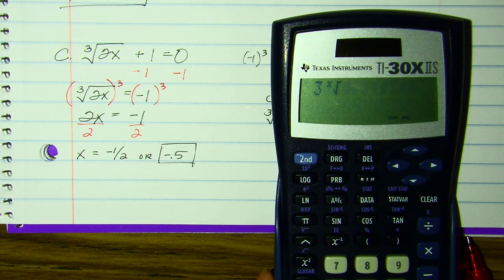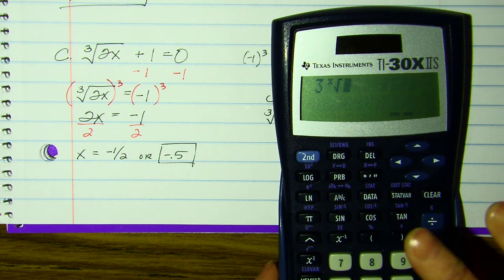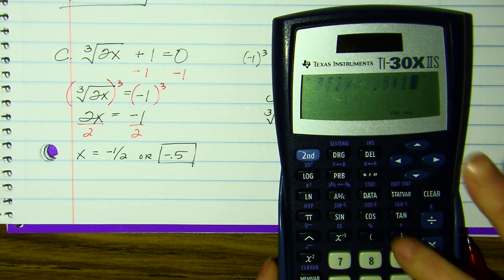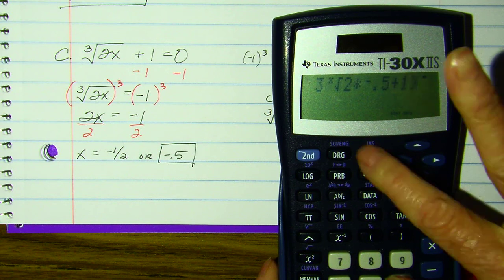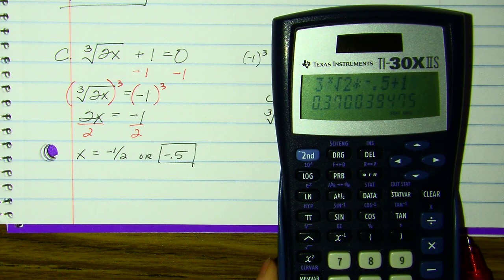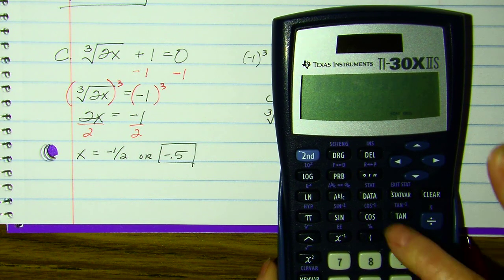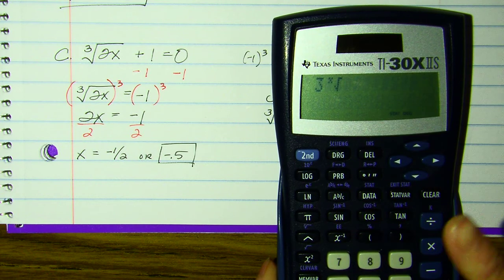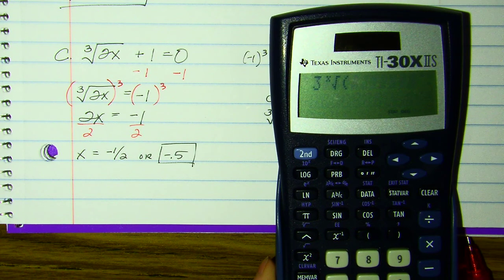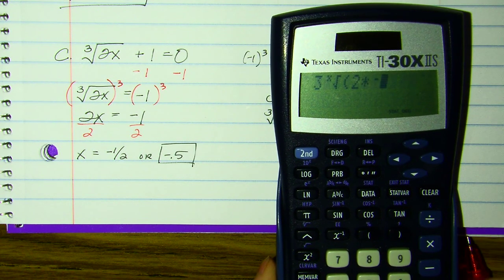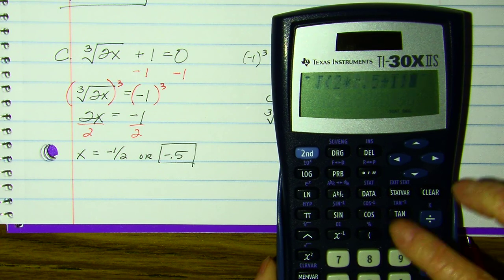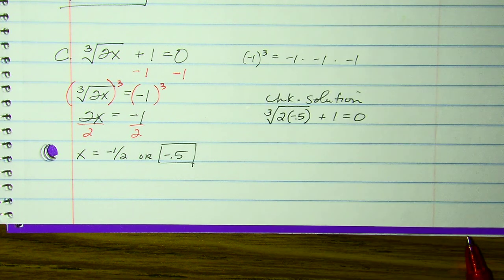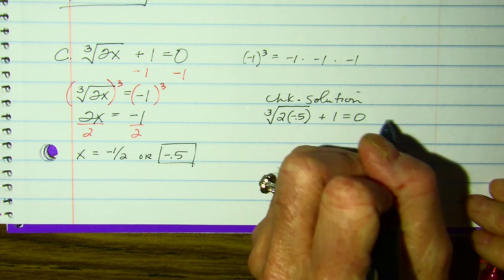Whoops, I need to enter this differently. Cube, parentheses, I forgot my parentheses, 2 times negative 0.5 plus 1, and I got 0. So be careful how you enter it, and so our solution works.